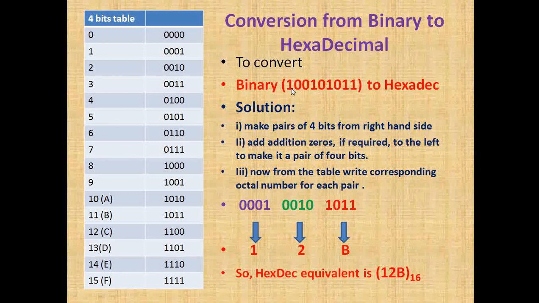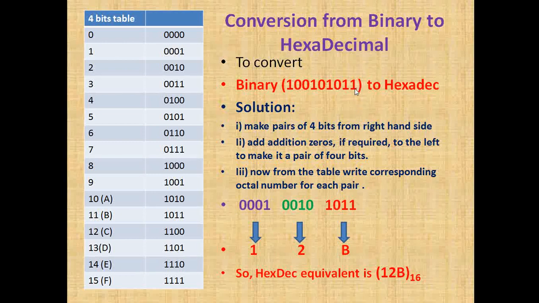Now what we are supposed to do, we have to convert this number into hexadecimal. So this time we will make groups of these digits, but since we are going to convert this into hexadecimal, and hexadecimal can be represented in 4-bit form, this time we will create groups of 4 bits starting from the right-hand side, right?